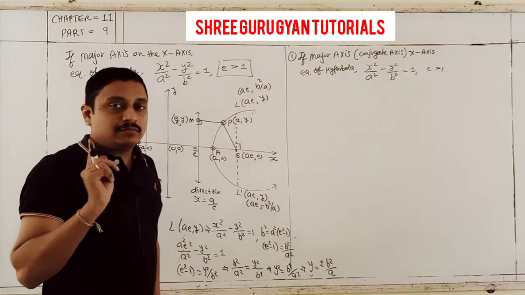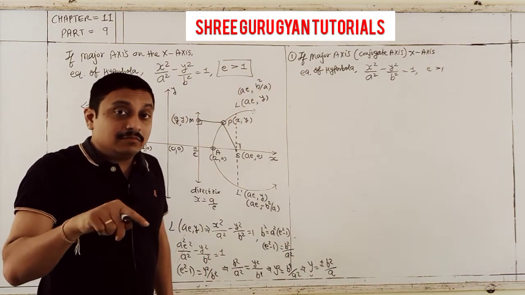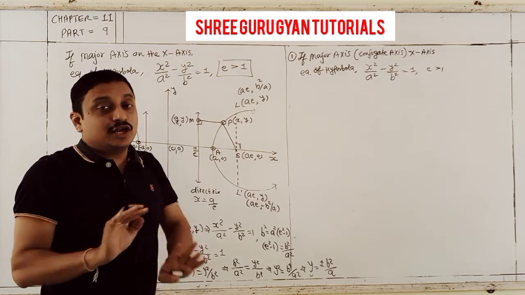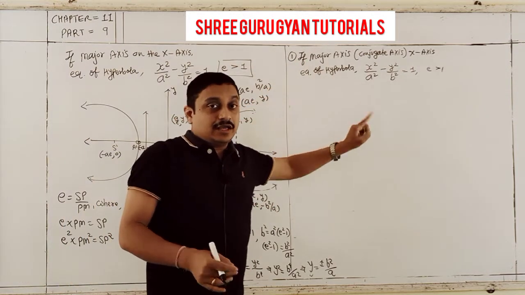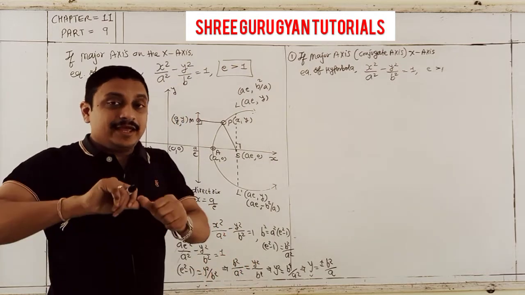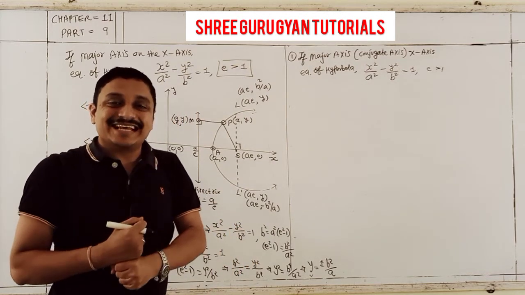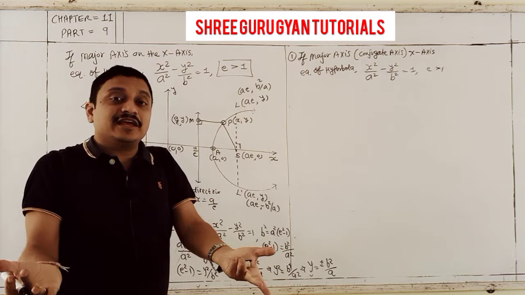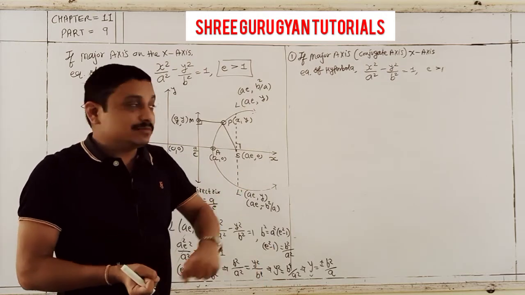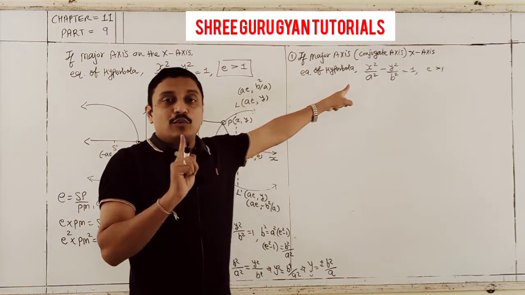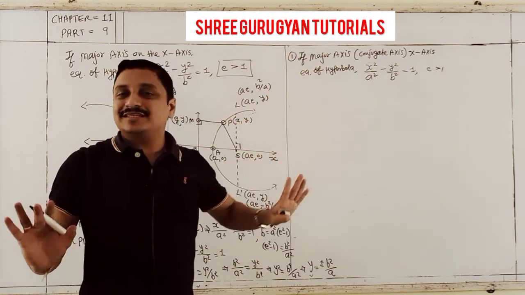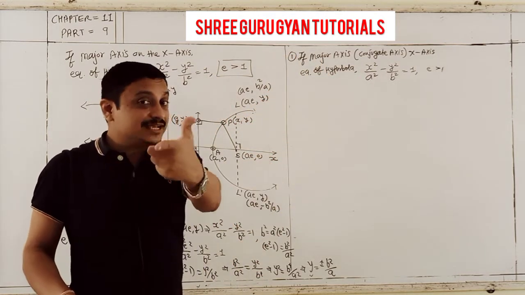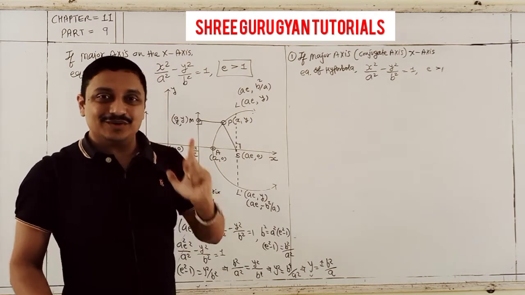Students, here a and b may be higher or lower than each other. They do not depend on the value of a and b. These are my equations. In ellipse, necessarily a higher than b, then major axis is the x axis; b higher than a, then major axis is the y axis. But here it does not depend on the value of a and b. Only and only depends on the conjugate, or major axis x, then the equation is x square by a square minus y square by b square is equal to 1.